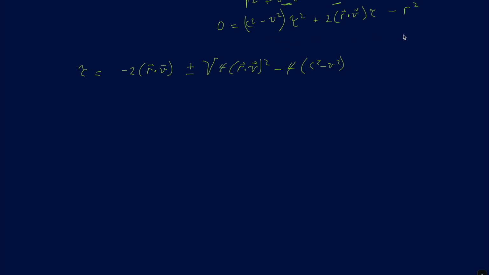That's this bit here, and then this bit here, which is nothing more than minus r squared. And that whole thing is under the square root, and then this all is divided by 2 times this coefficient, so that's 2 times c squared minus v squared.